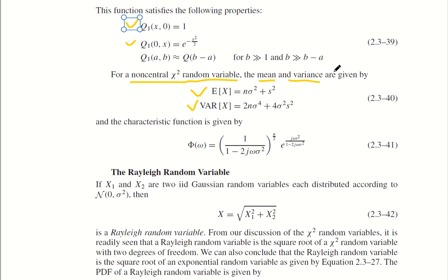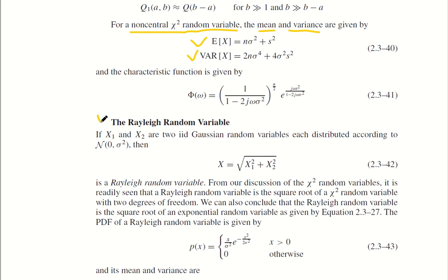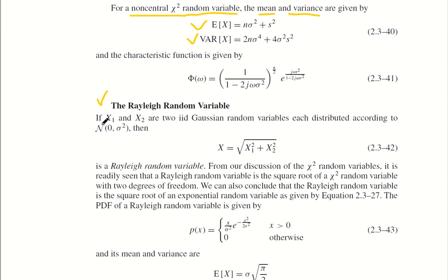Okay, so let's start from page 48. The Rayleigh random variable. If x1 and x2 are two IID Gaussian random variables distributed according to this Gaussian distribution, then you make the squares, sum them up, and take the square root.